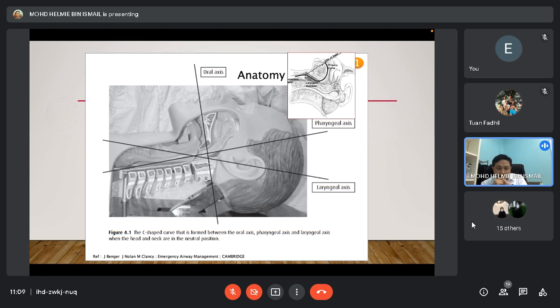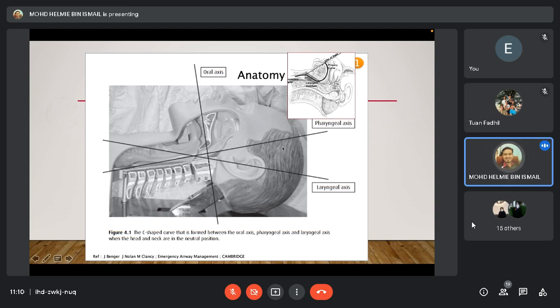Alright. So how to position this patient? Satu adalah we need to know the axes. We have 3 axes, which are the oral axis, which is the cross section ni, dia punya tongue kat sini.